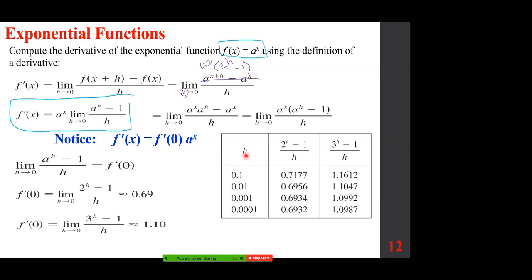And so they deal with number 2 and number 3. So if you go with number 2 and you let h go to 0, notice what's happening. They end up with about 0.7 here. For number 3, they end up with like 1.1. I hope you are following what I'm saying.